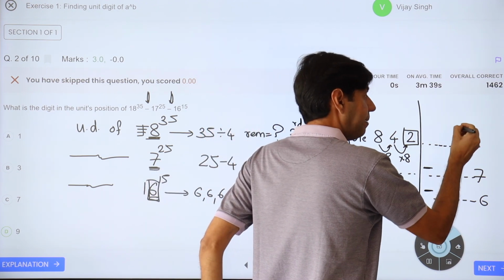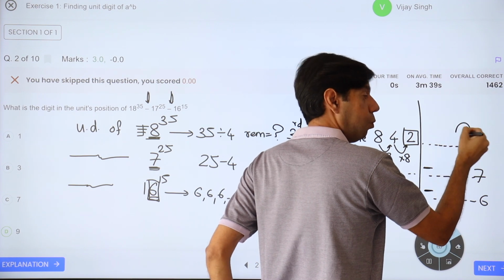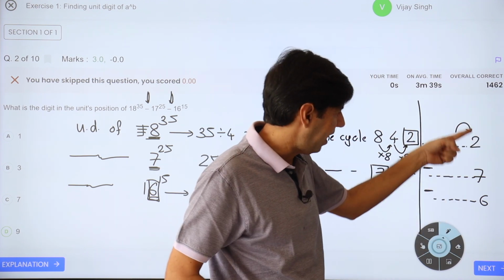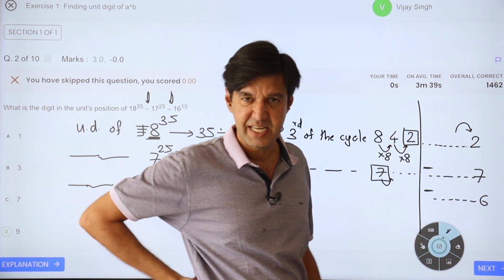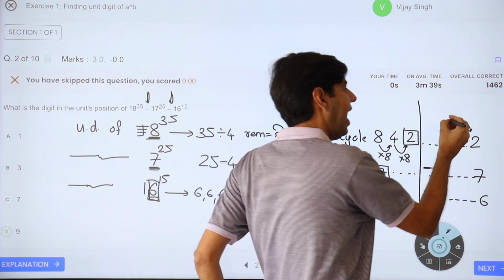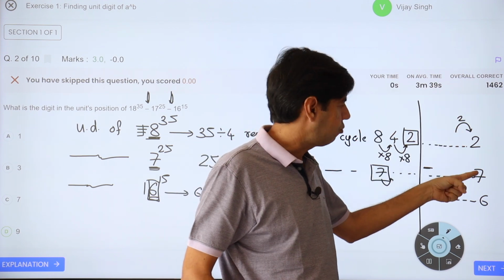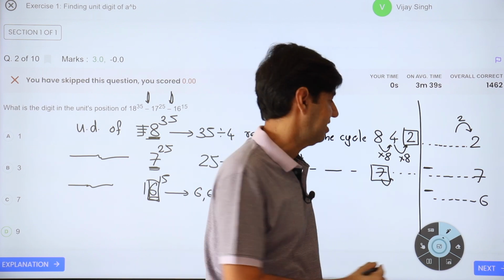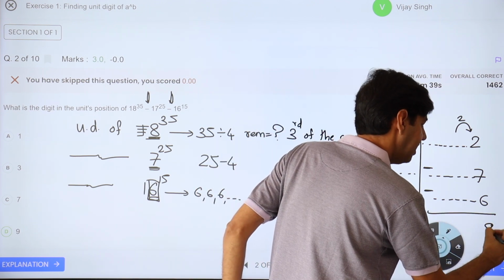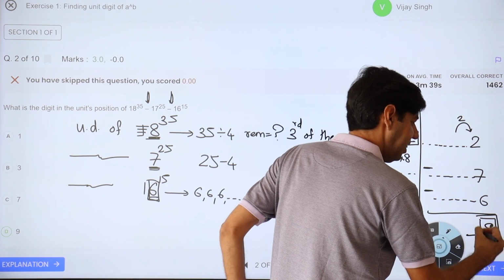But if you have to subtract, you'll carry from here. If you carry a 1, this will become 12. 12 minus 7 is 5. 5 minus 6, we still go into negative. So I'll carry a 2 from here. So this is 22. 22 minus 7 is 15. 15 minus 6. The end digit will be a 9.